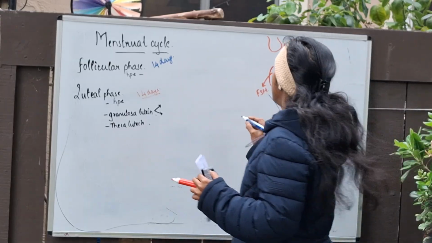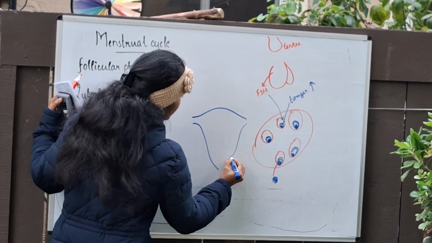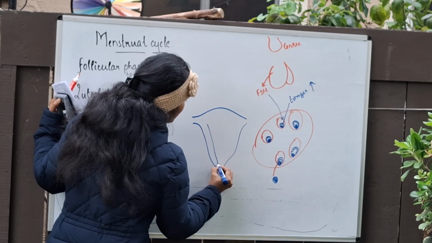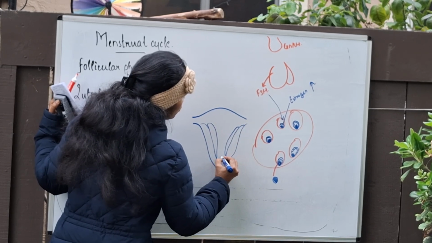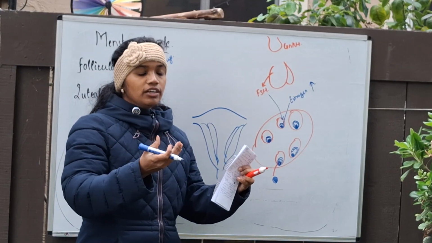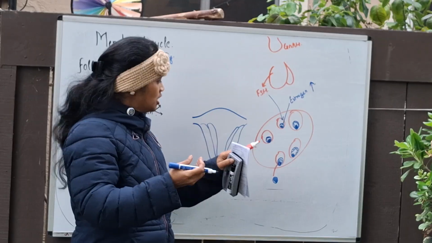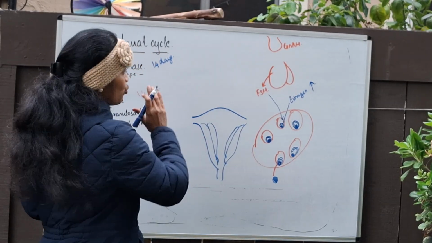This estrogen will now act on the uterus and it will increase the endometrial lining. So in layman terms, it can be remembered as the bed for the fetus is being prepared by the estrogen. So this is what happens in the first 14 days.